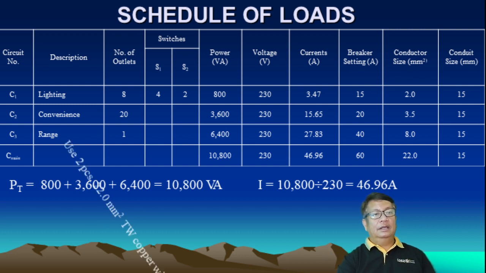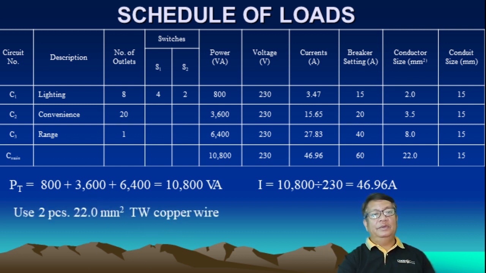And then assign now the size of your conductor. Try to use two pieces of 22 mm squared TW copper wire, or this time THHN is highly advisable here.